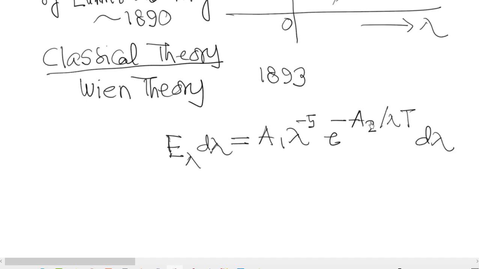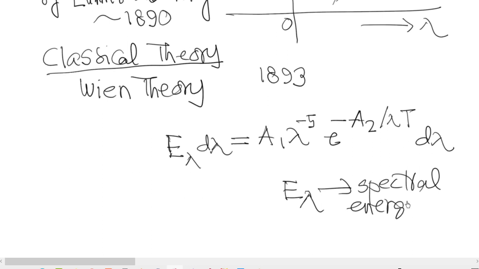Here A1 and A2 are two constants and lambda is the wavelength, and E lambda, as I said before, is the spectral radiation energy density.